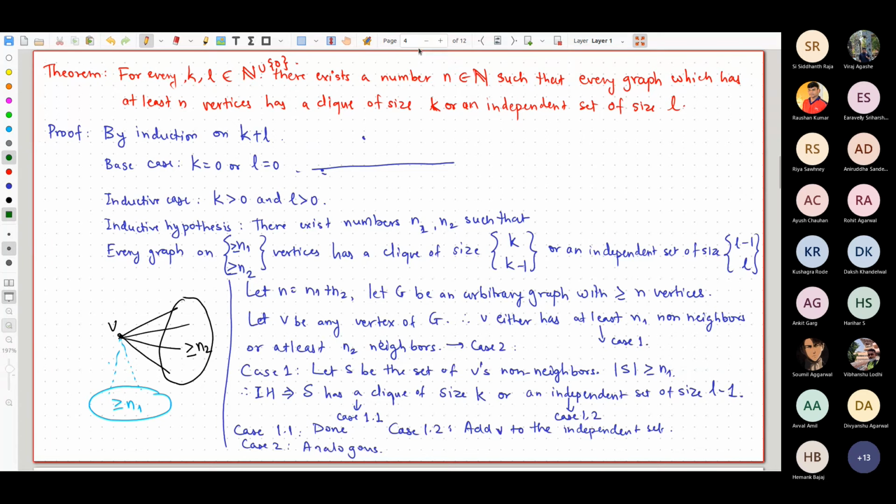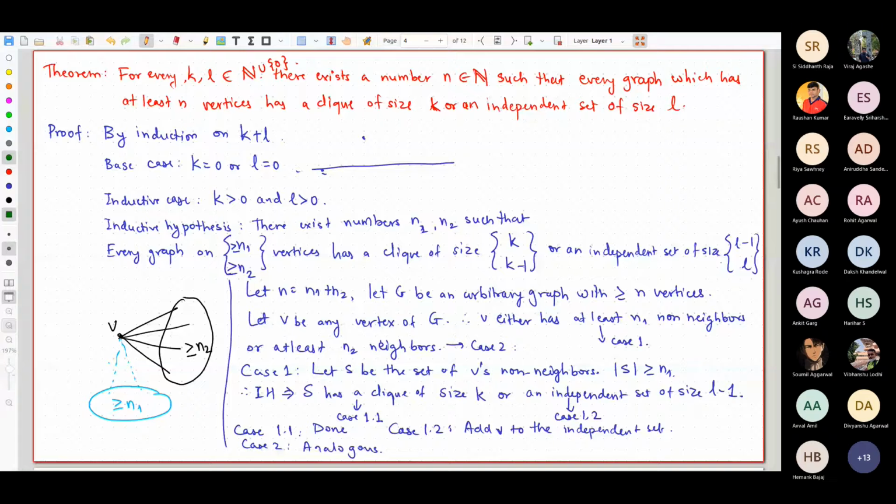So any easy inductive bounds on n of K, L? How can you relate n of K, L with some other n of K prime, L prime? What n did we choose? This n1 could perfectly have been n of K, L minus 1, and n2 could have been n of K minus 1, L. And then Vedant, yes.